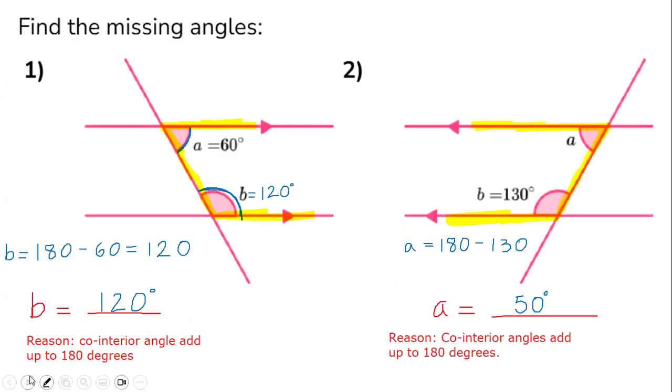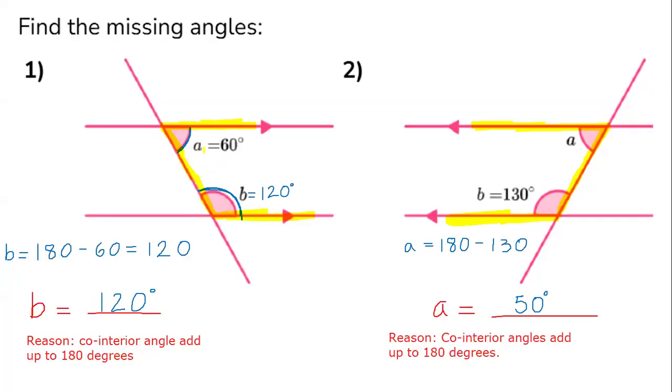So what we did is we look at this one. They gave us that this is 60 degrees, right? So in order for us to get B, what are we going to do? If we know that this is 60, and both of them add up to 180 degrees, how are we going to get B?